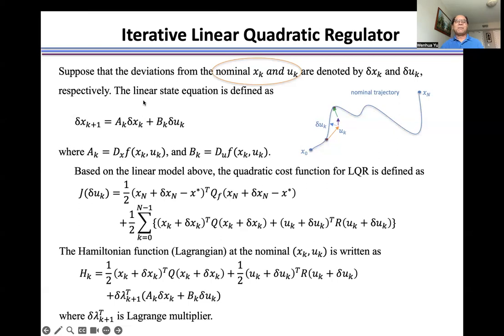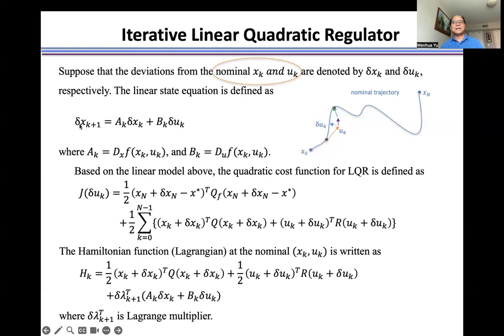So we do not directly and repeatedly solve the linear quadratic regulator on the nonlinear system. Instead, we run a modified system and include a modified linear dynamic, in terms of the deviation from the nominal state and the nominal control.